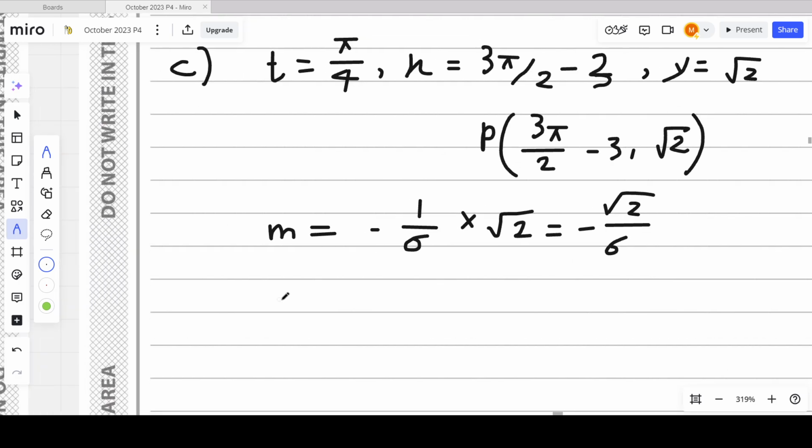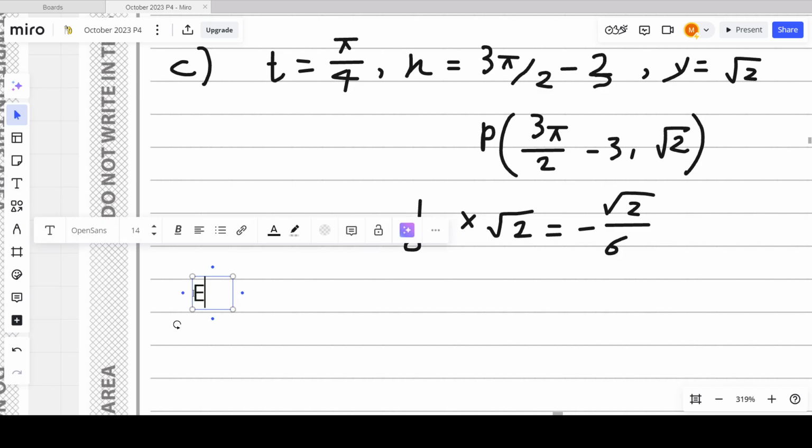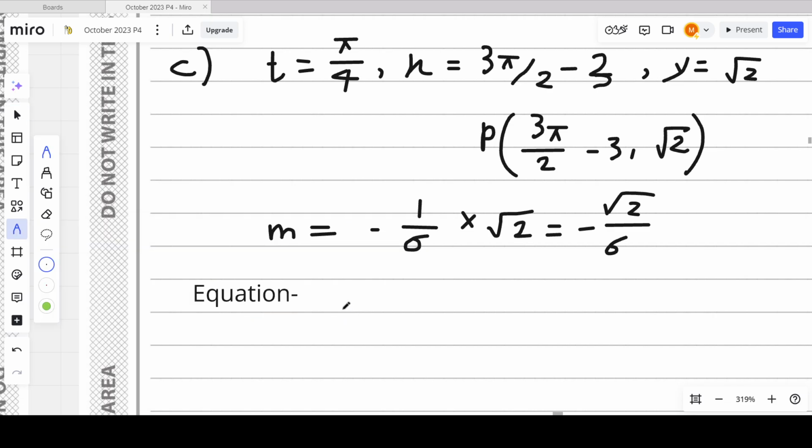So let's find the equation of the tangent. What would be the equation? We know a point and also the gradient.